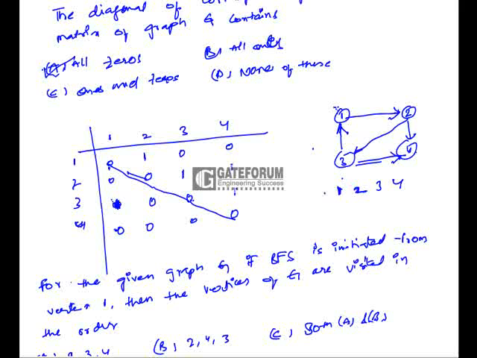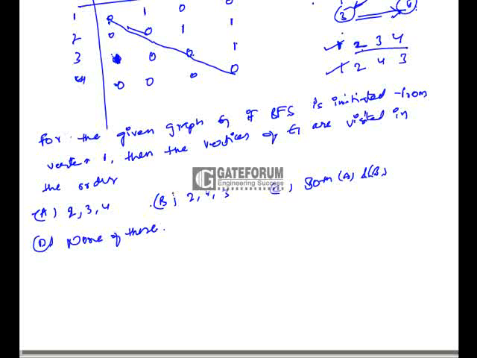So this is one order. From 2 we can go to either 3 or 4. If we go to 3, this is the order. If from 2 we go to 4, then 2, 4, 3. So these two options are possible. So the correct option is option C, both A and B.